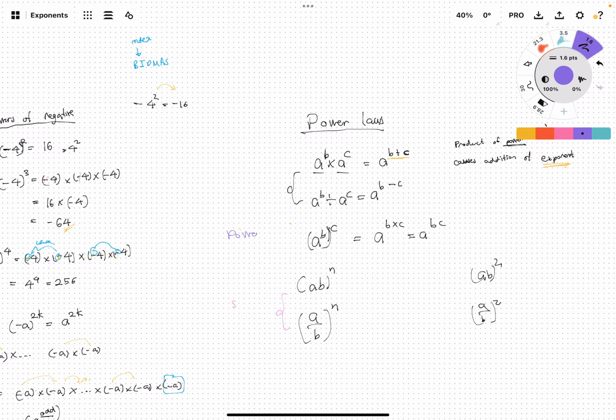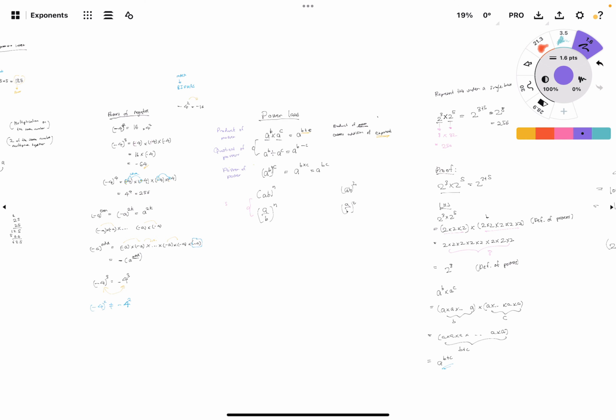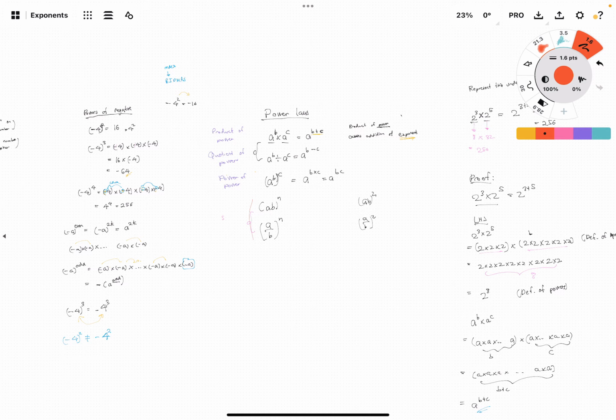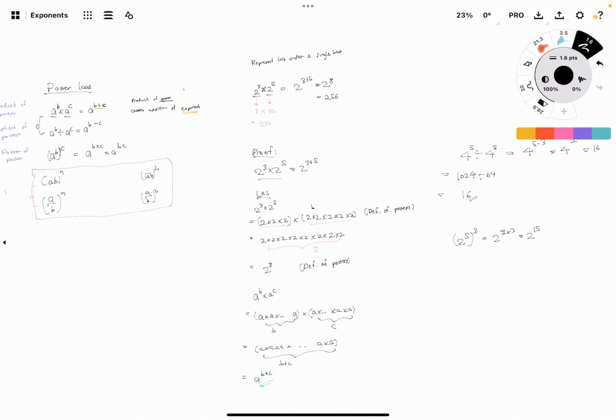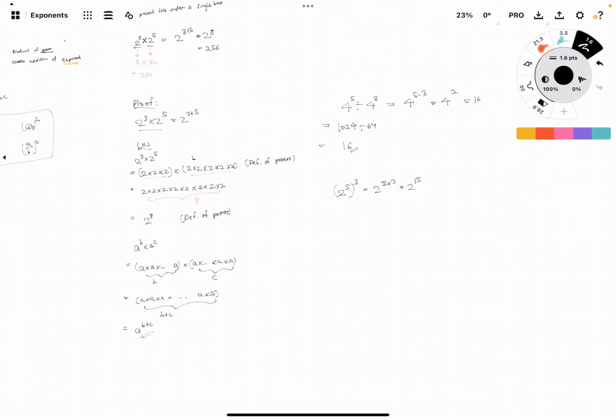Power of power, product of powers, and this law is called quotient, which is another word for division, I think, of powers. We'll touch on these later, because for now let's focus on these new laws, and in particular the power of a power law.